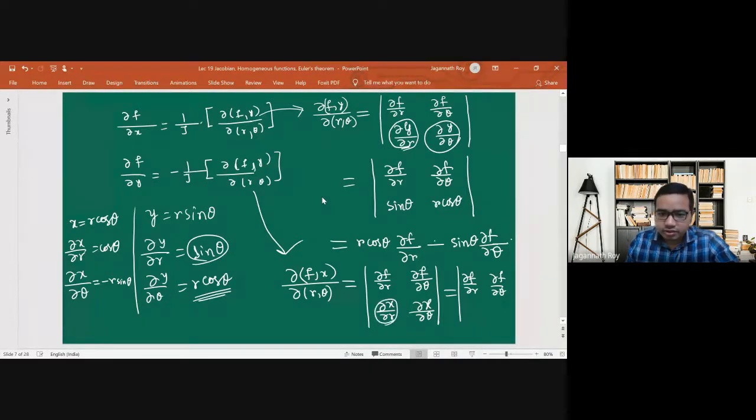And in place of this one, we'll substitute cos theta, and here it is negative r sin theta.